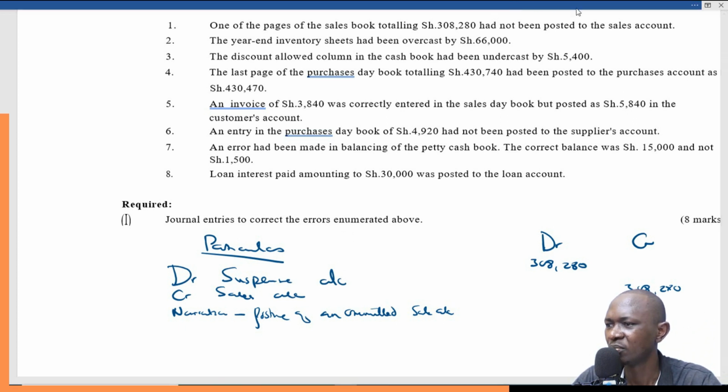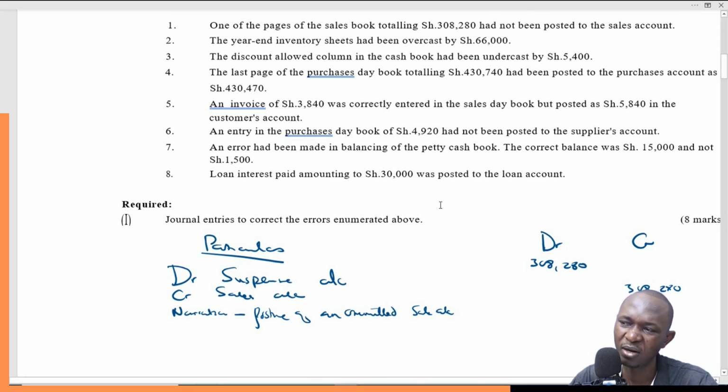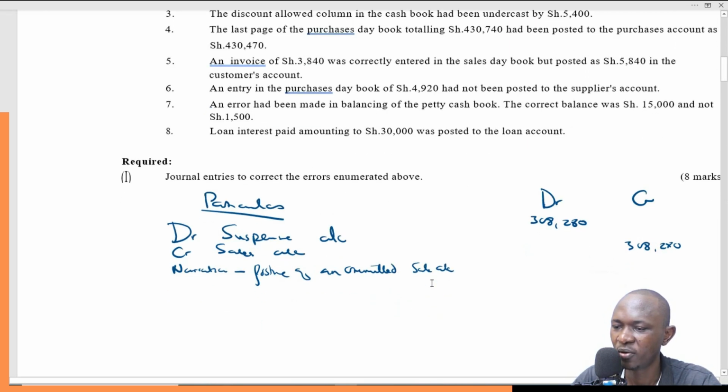One of the pages of the sales book had not been posted. We had omitted it, so we are posting it. That's it, we are done.